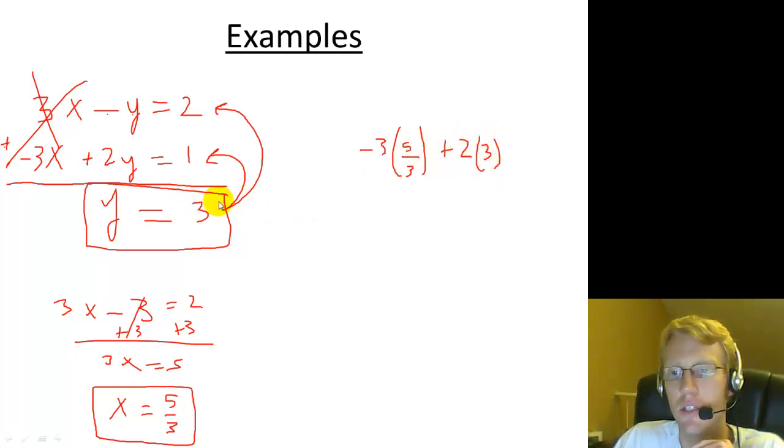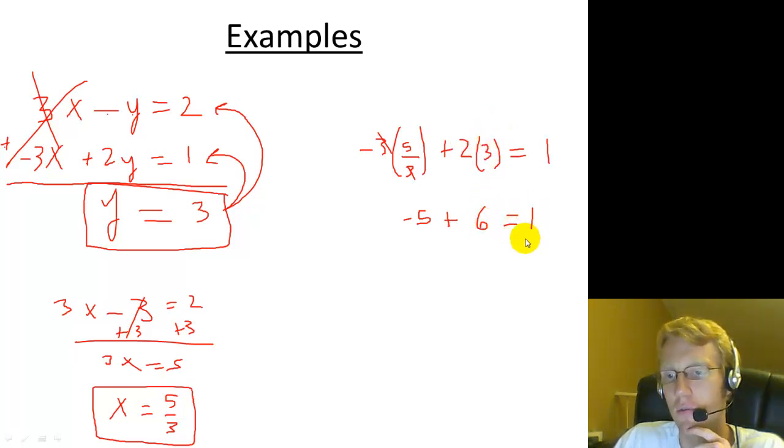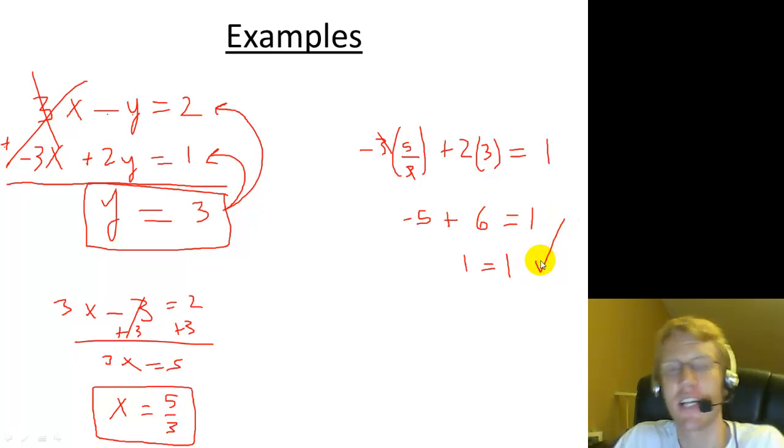So I'm really just plugging this y value in for y, and this x value in for x. And this is supposed to equal 1. So this 3 cancels with this 3, and I have negative 5 plus 2 times 3 is 6, equals 1. Negative 5 plus 6 is 1. 1 equals 1. So I've checked it and I've confirmed that my answer is correct.